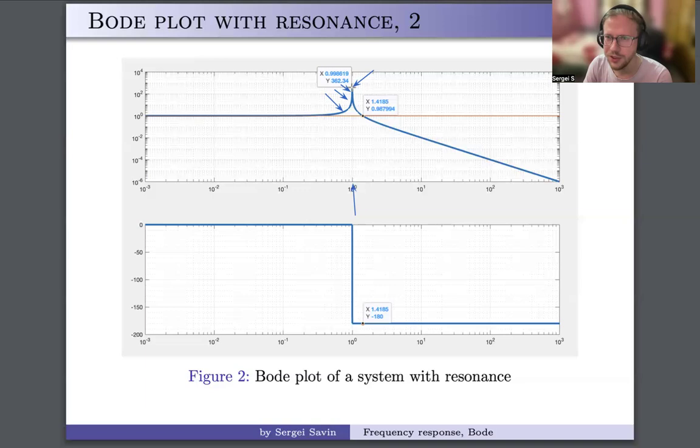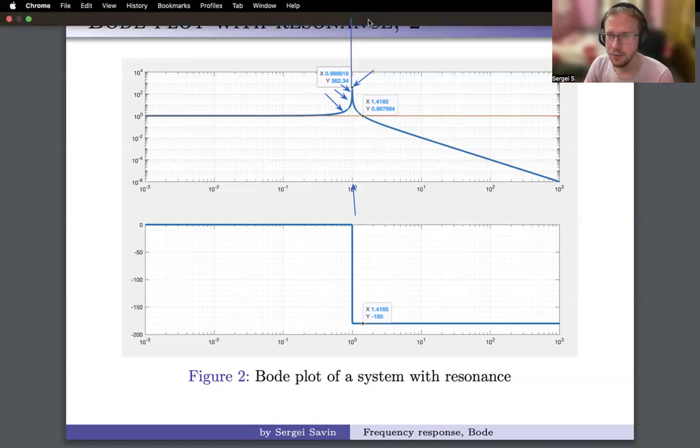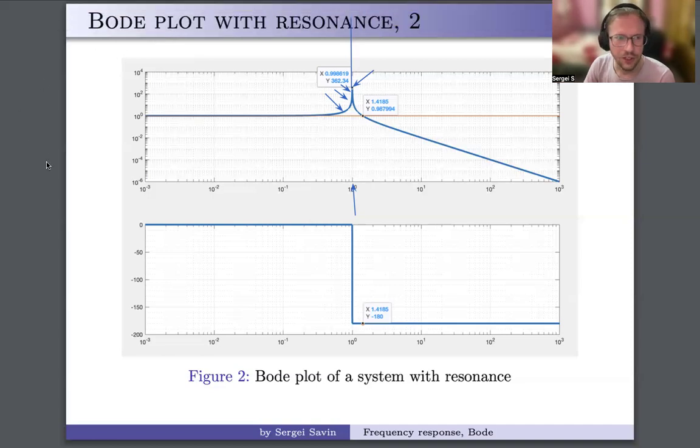With tools based on numerical calculations, needle-like peaks like this are impossible to compute because you will compute left of the peak or right of the peak. So this is actually an infinitely high peak. What this demonstrates is that this system has a resonance frequency. So at around this peak, it's going to blow up to infinity.